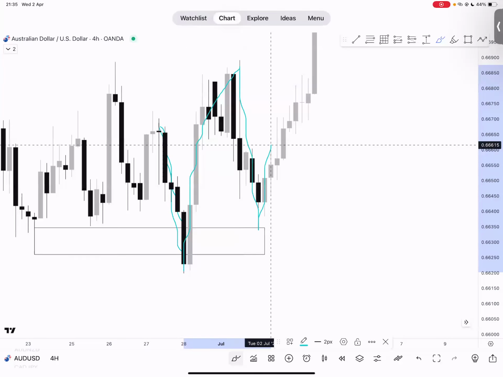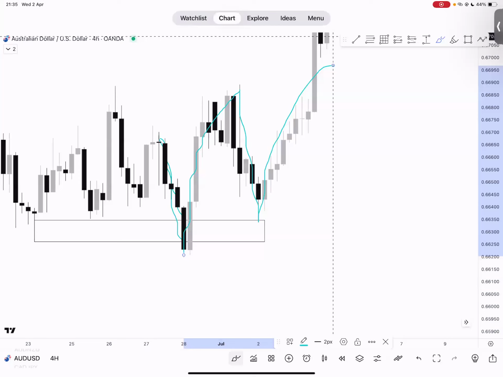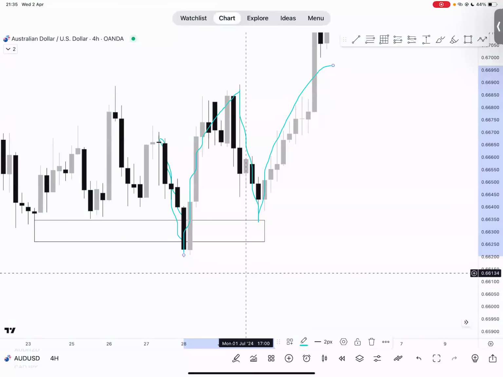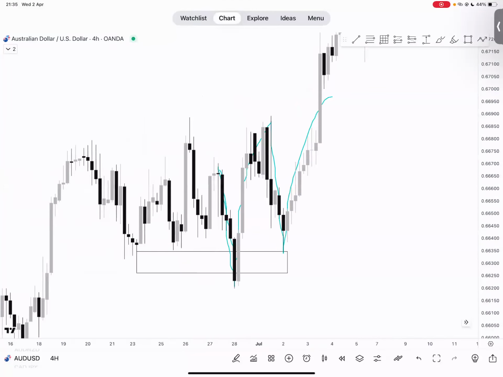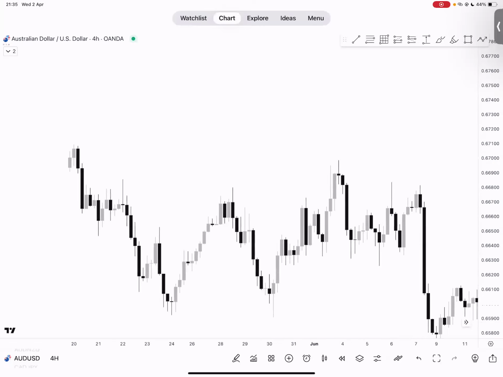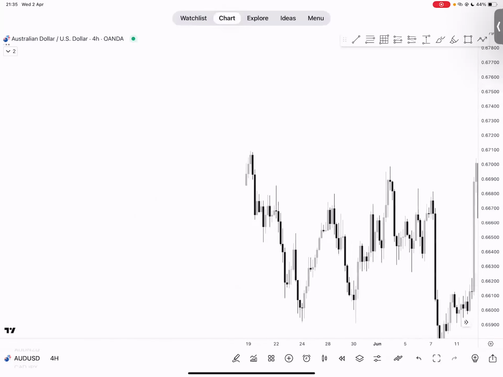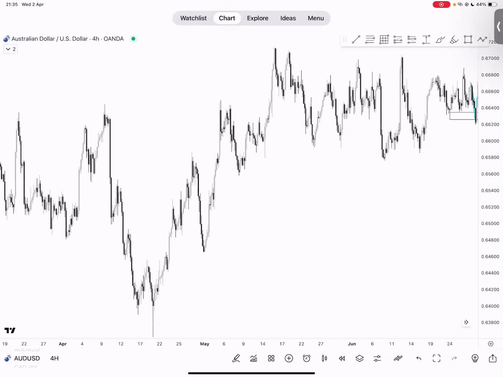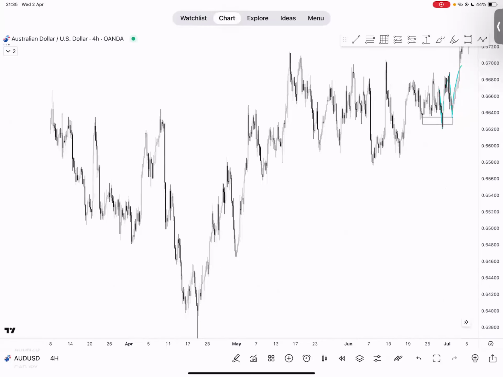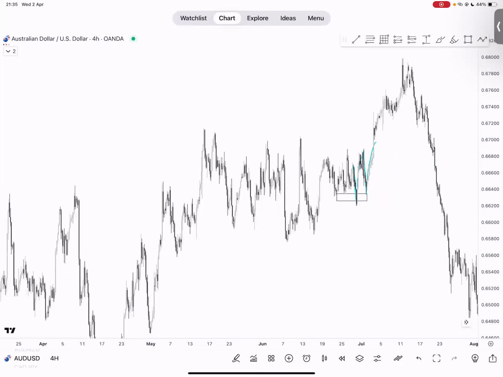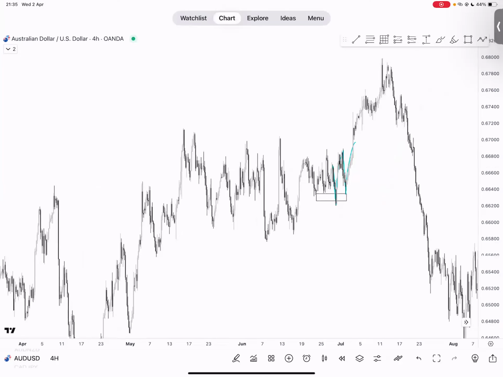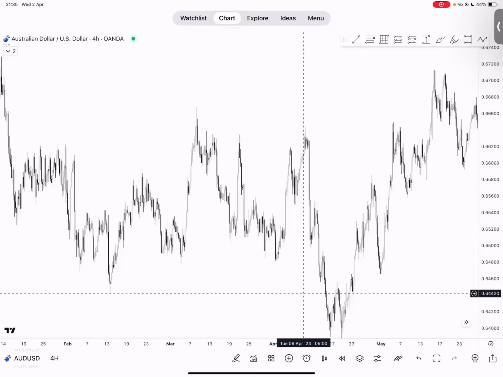Failure of a breaker block creates a reclaimed level. That was exactly what happened here. There are multiple examples on the charts. If you go back to the charts, you would see examples of order blocks, mitigation blocks, and breaker blocks. All of them are here.